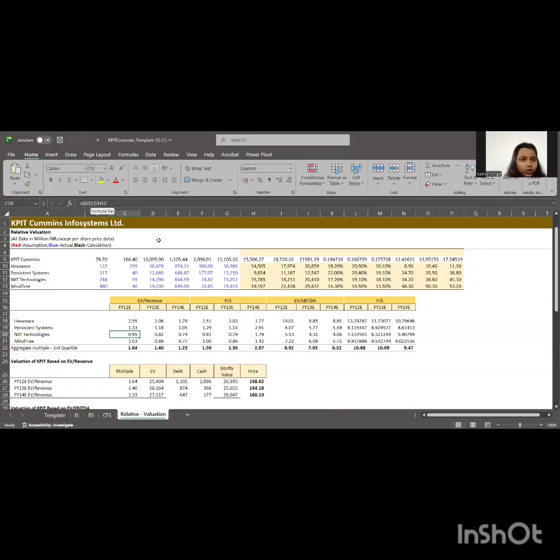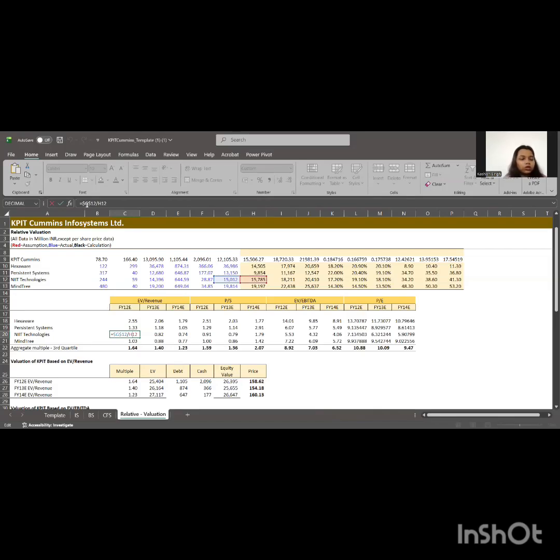G12 divided by H12, and here is H12 divided by, and do not forget to freeze with the dollar sign.